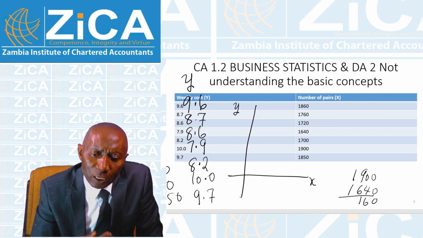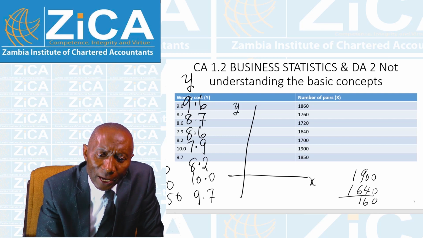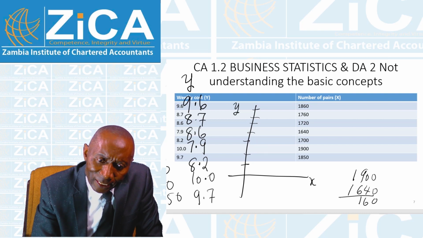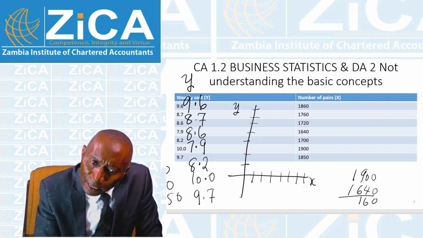But you ask yourself, how many data points do you have, so that you come up with a correct scale. You have 1, 2, 3, 4, 5, 6, 7 points on the y-axis. Similarly, on the x-axis, you have 1, 2, 3, 4, 5, 6, 7.